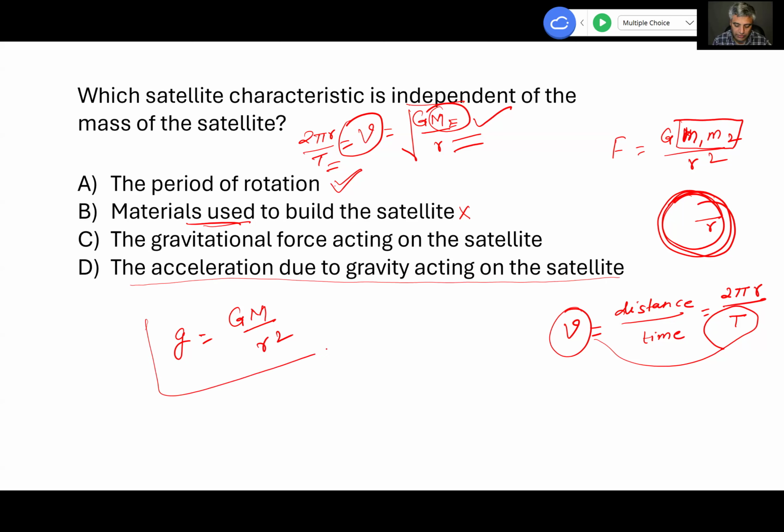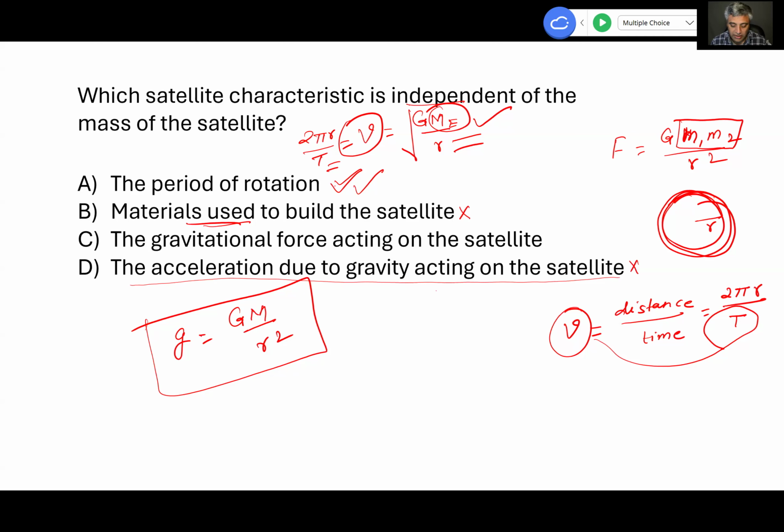So no, there is no square root. There is no mass of the satellite here either, only the mass of the other object. So this is also incorrect. The only correct choice in this case seems to be A.